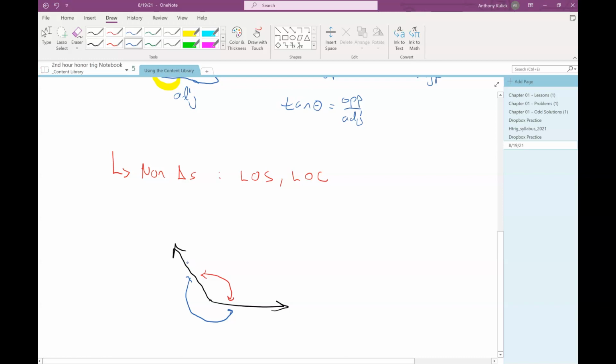Everybody agree with that? Can you think of a real-world setting in which the blue part is the piece that we would need? It's not obvious, but it's real.